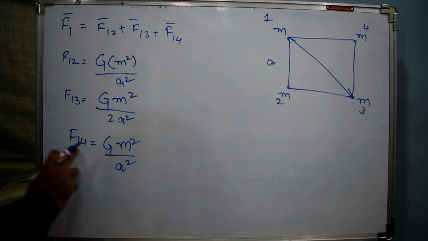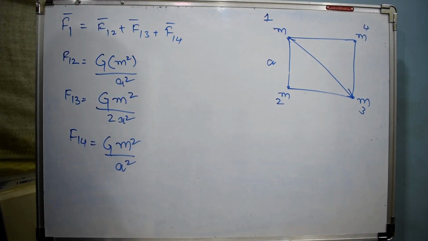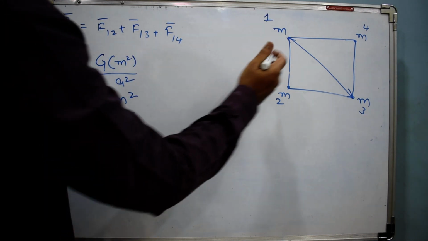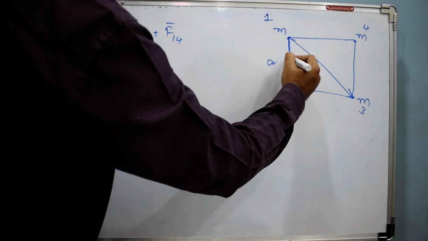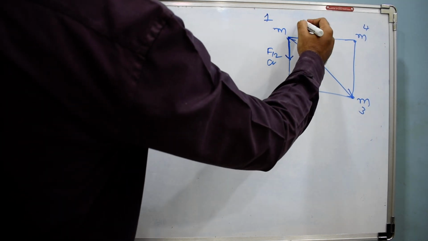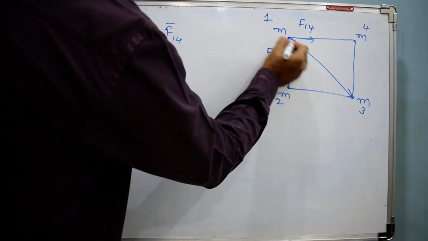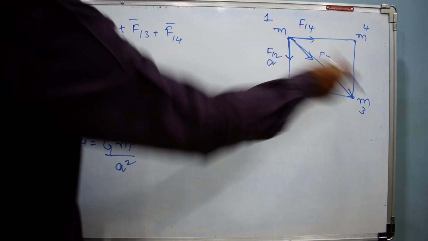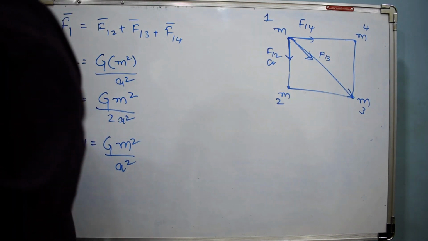So this is the force acting on 1 due to 4. And having represented the magnitudes, I will just try to represent their directions. F12 will act in this direction, F14 will act in this direction, and F13 will act in this direction, along this diagonal.